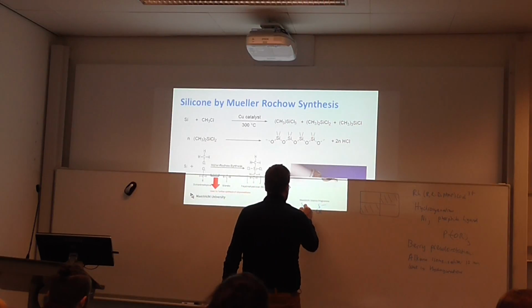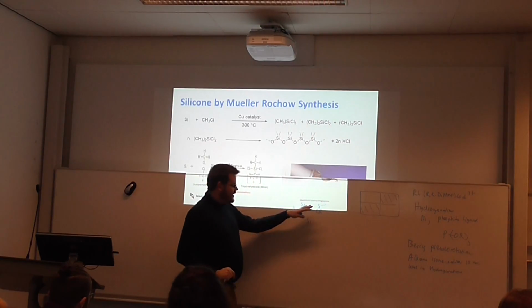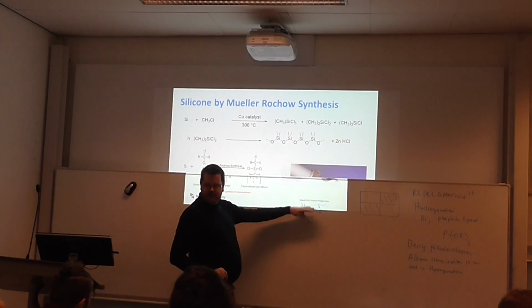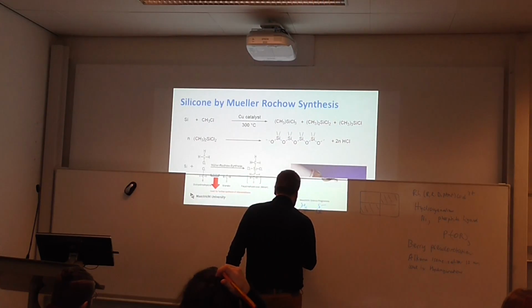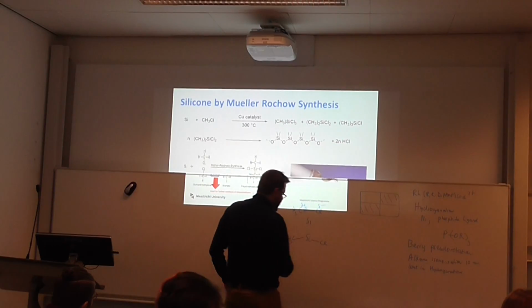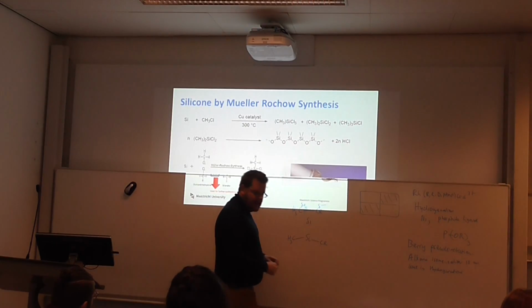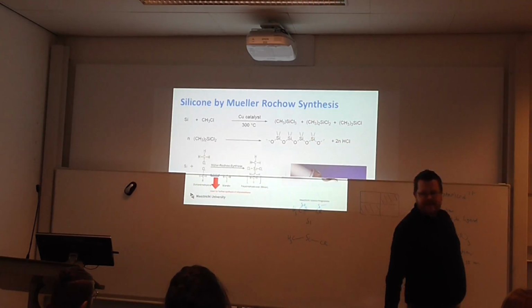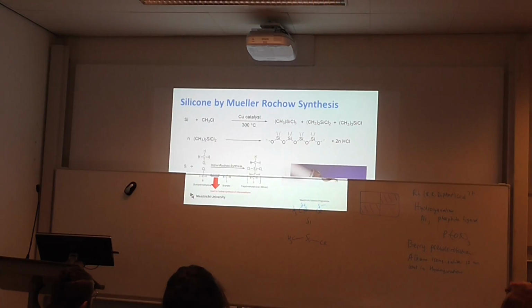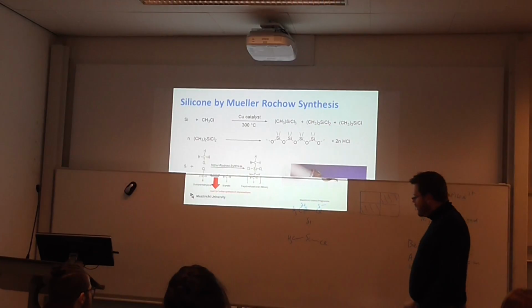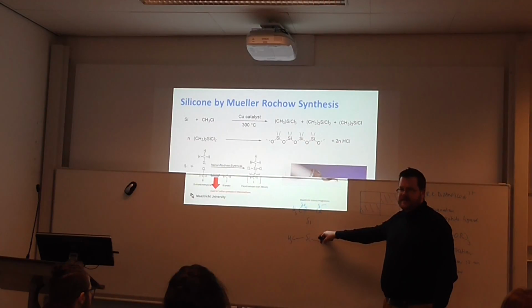This bond is highly polarized, so it's conceivable that some sort of bond activation process can take place here, forming something like this. That would be an intermediate. Now that intermediate is in fact silicon plus 2, isn't it? And silicon 2 was, up until very recently, about 1986, a completely inaccessible oxidation state.